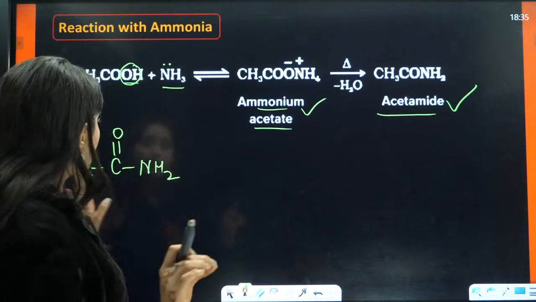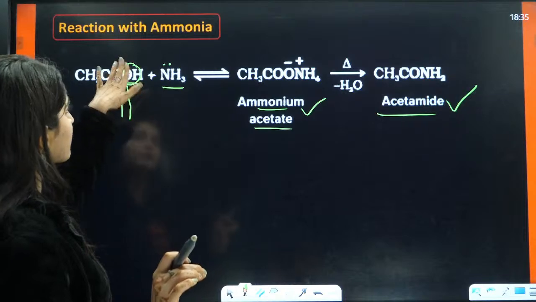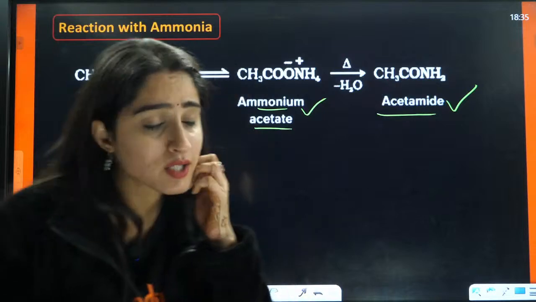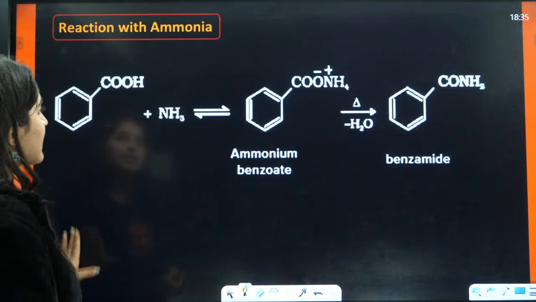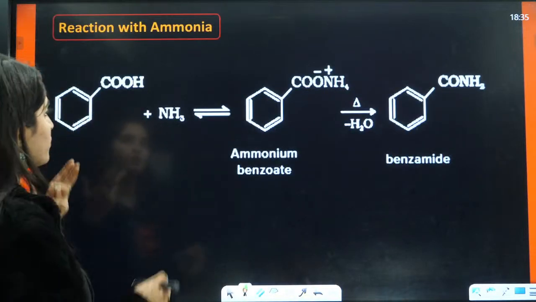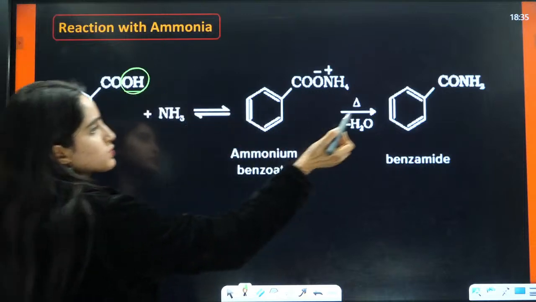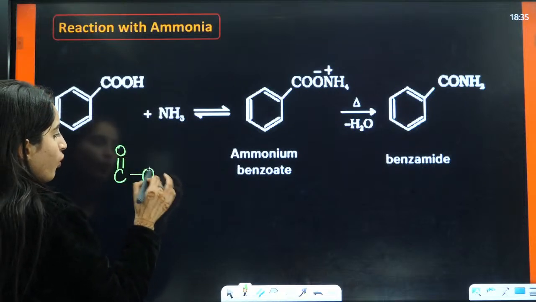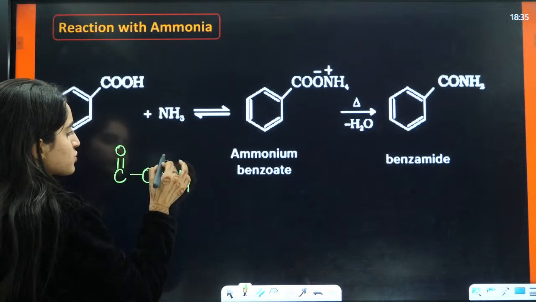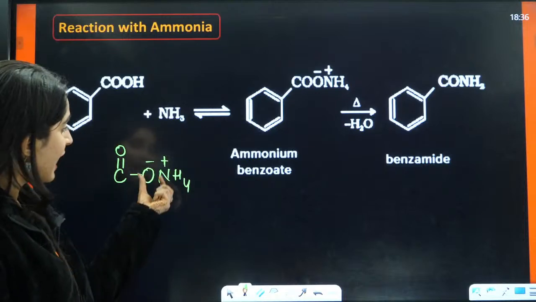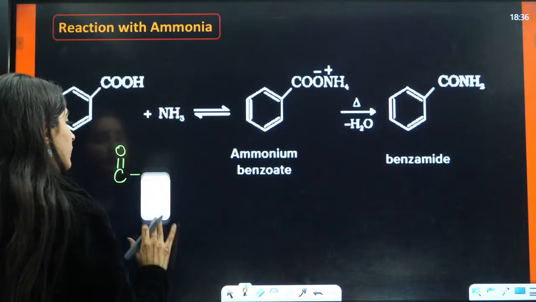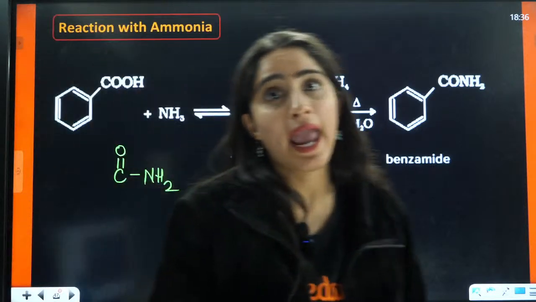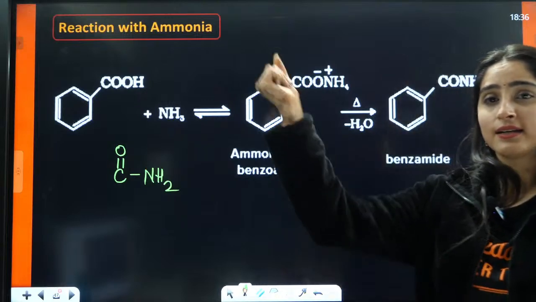That is how you form amides from carboxylic acids, which I have already shown you. Firstly, COOH is converted to COO negative NH4 positive, and after losing water, it will be converted to NH2 here.